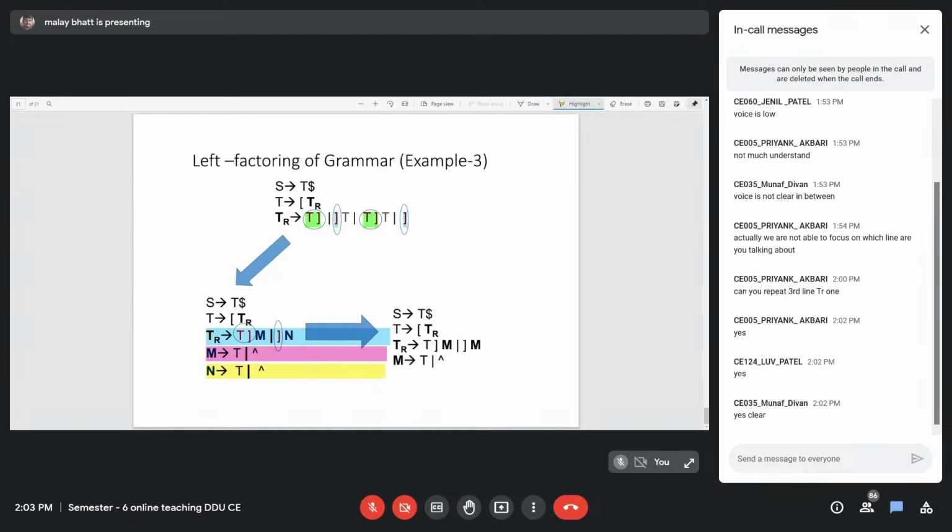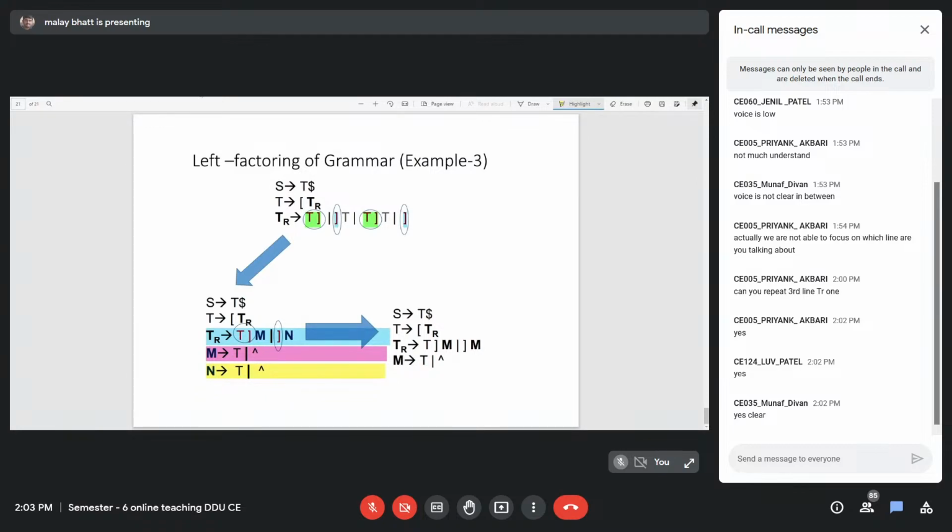We cannot have more than one derivation tree. Also, we want to avoid backtracking. If we have one unique path, one unique leftmost derivation, it will be very easy to validate. We cannot have multiple derivations possible. That's why we are doing left factoring on the grammar.